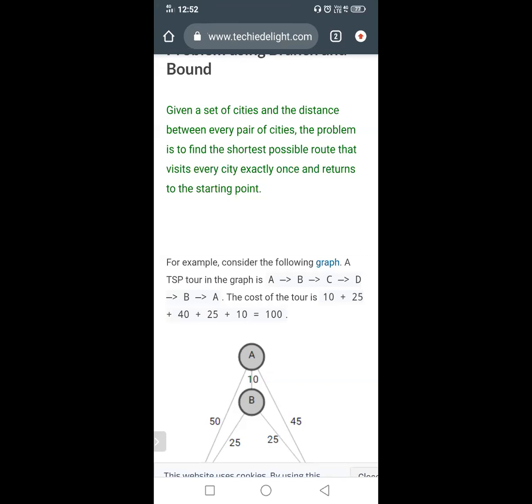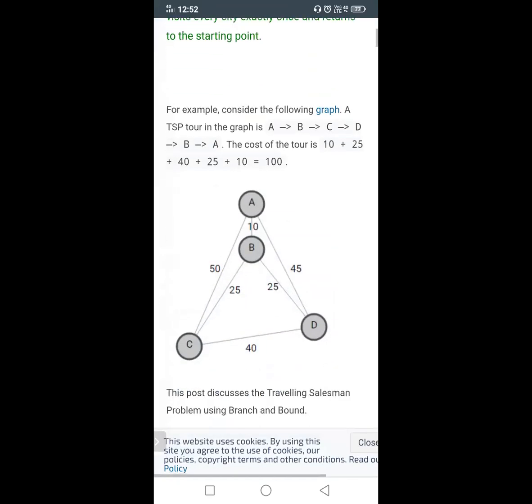Okay, so for example, consider this graph. A, B, C, D are different cities, and these are the different costs for visiting each city. The route from A to B, B to C, C to D, and D to B, B to A costs 100.